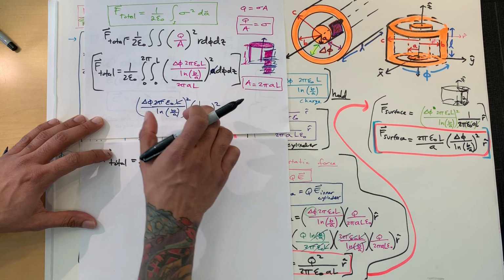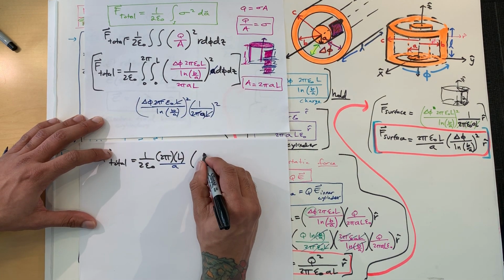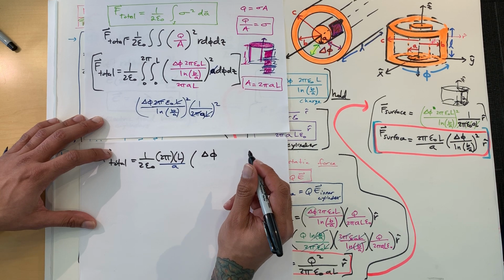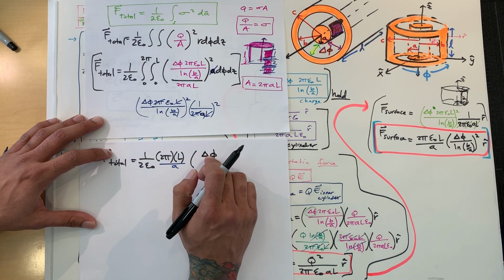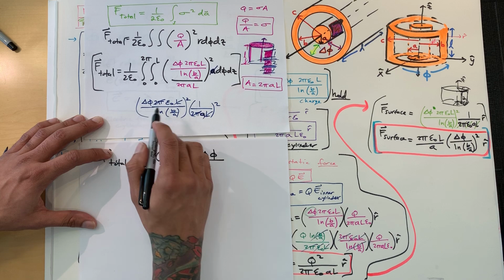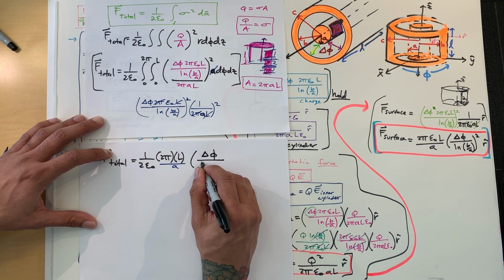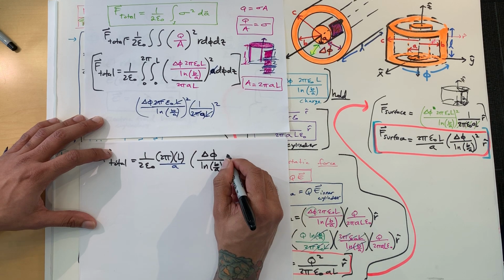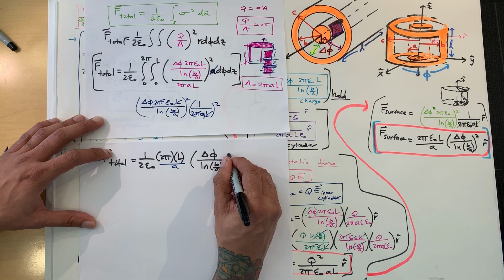All right, and then all this simplifies to potential over ln of B over A, and we still have the epsilon naught.